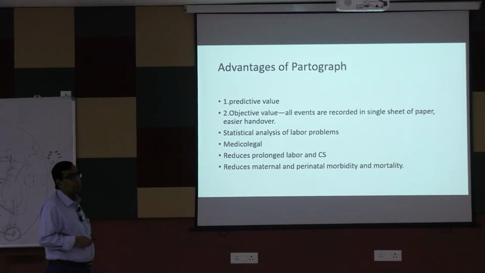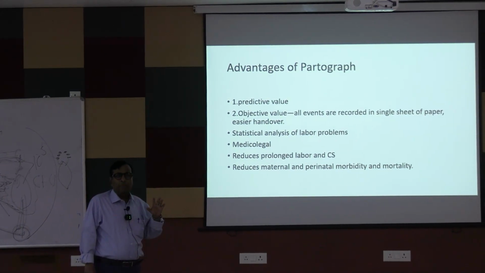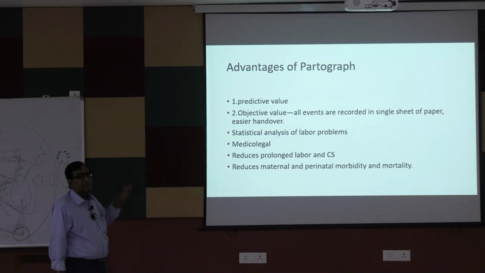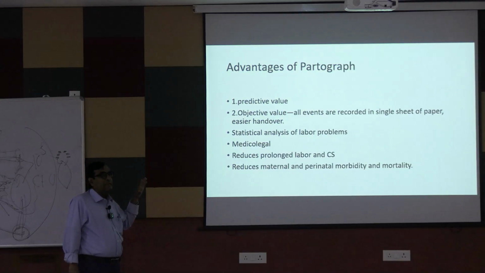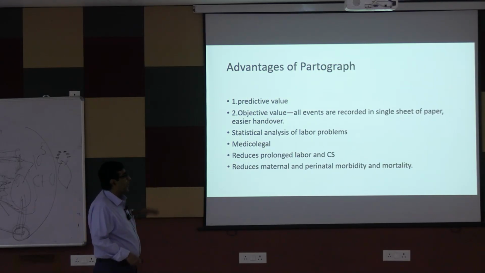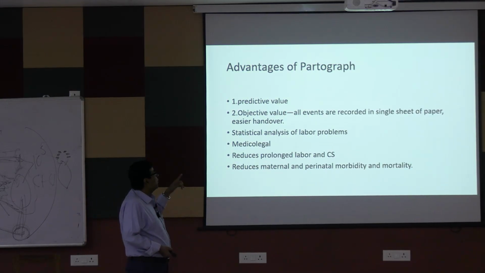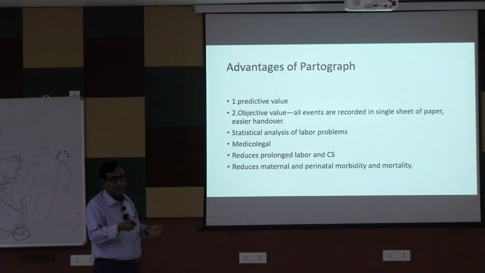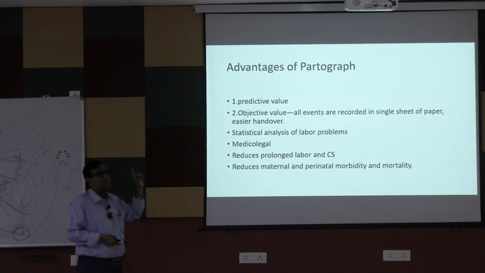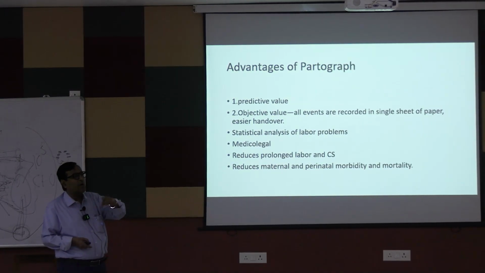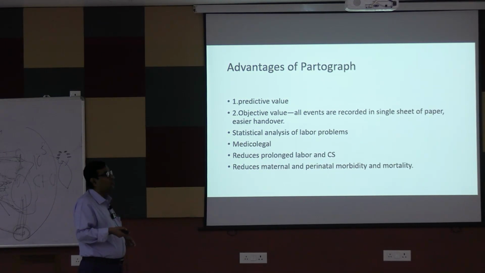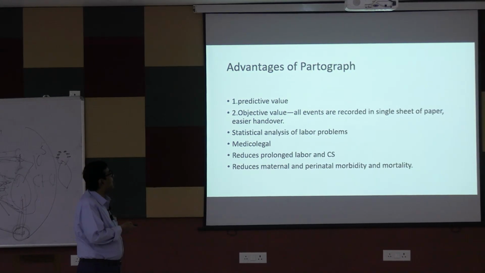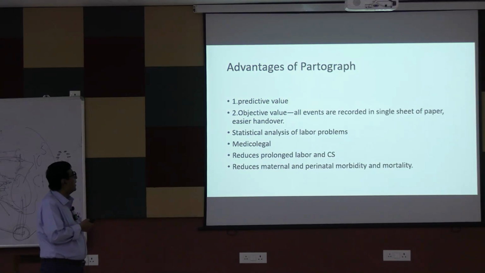Number 2, objective value. As all the parameters are recorded on a single sheet of paper, in a busy labor room, particularly during a handover, you don't have to hand over each and every patient verbally, her findings are all written on paper. The next labor room sister comes and will find everything, what she has got, what her position is, etc. So that is the objective value.